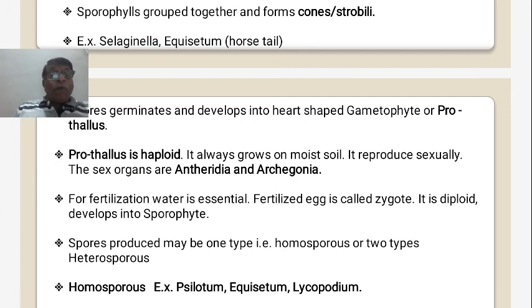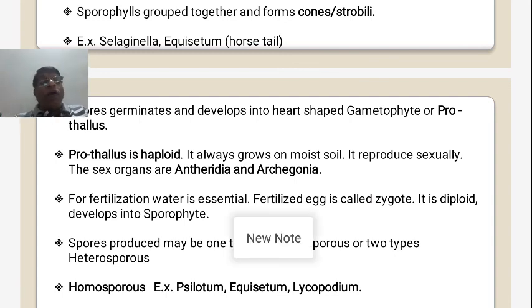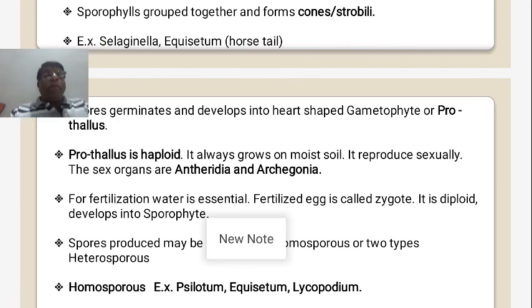Lycopodium, we call them club mosses. Equisetum, horsetails. All these three are homosporous: Psilotum, Equisetum and Lycopodium.